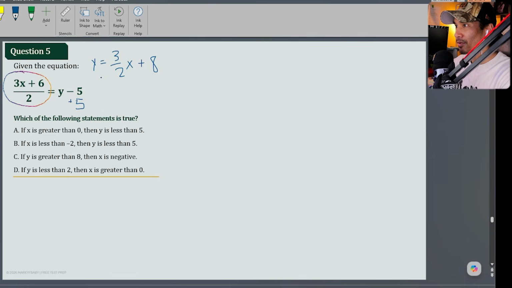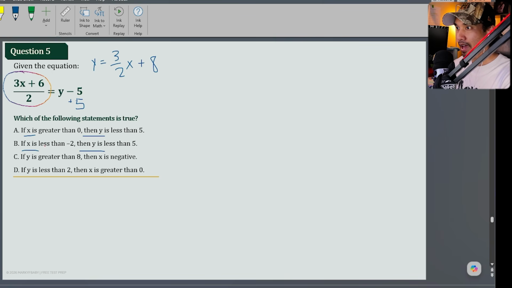All right. So this is our equation here. I have set it to isolate y because our first two statements are to see what happens to y when we change x. If x, then y. If x, then y.